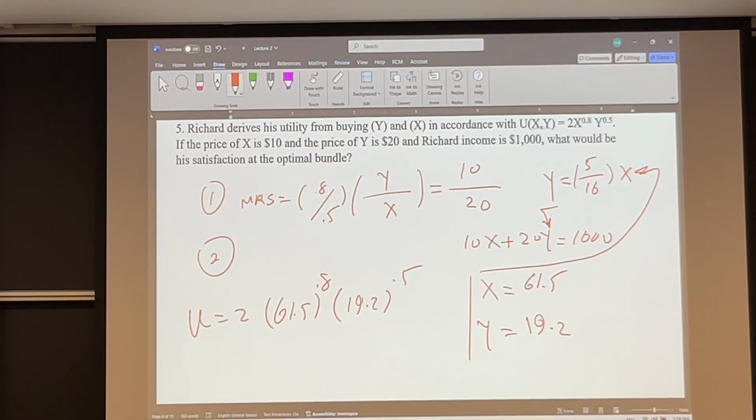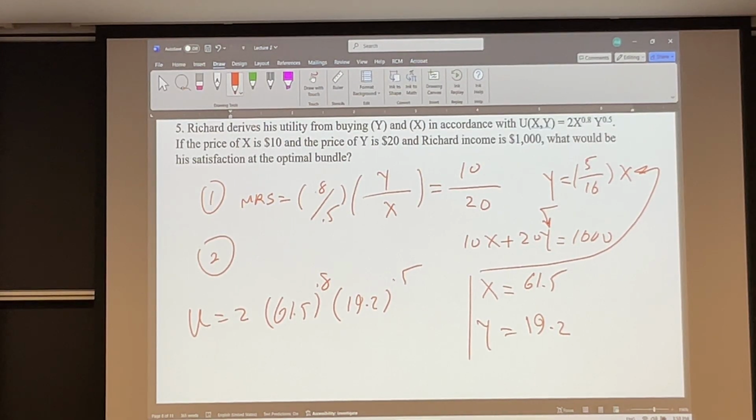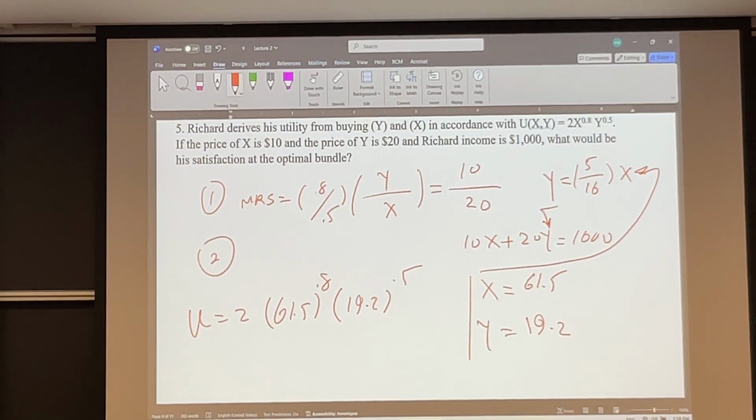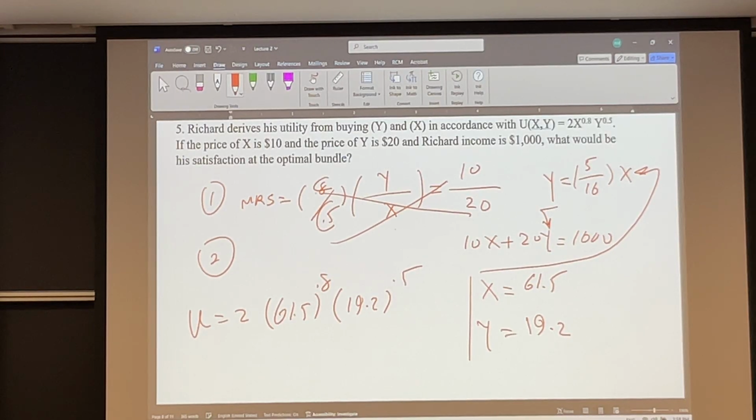If you do it differently, just solve it, just put y on one side. I say this goes up, becomes 5, this goes down, becomes 16, x goes there. I know people do it differently, but this way I say this goes there, this goes there, and this goes there.